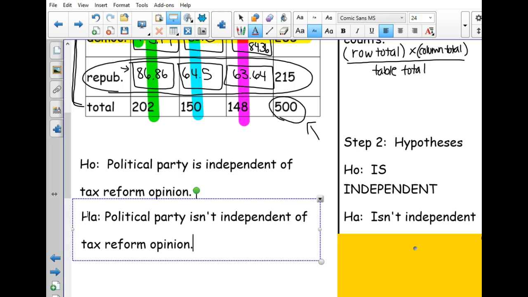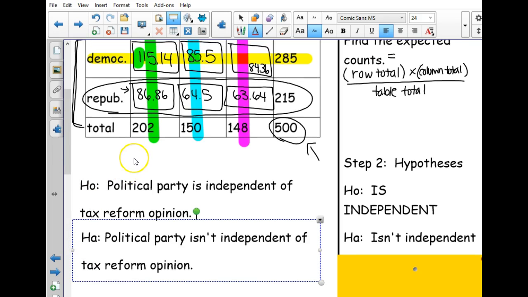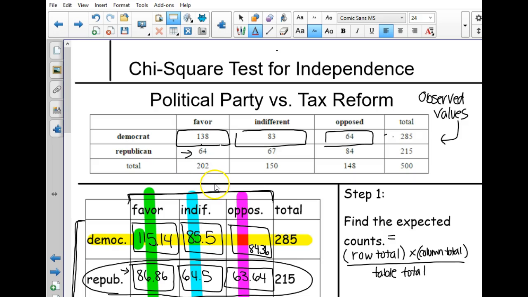What we're trying to prove is that it actually is not independent, that there's a relationship there. And we can see that there may be a relationship already. And how do we know that? Again, by looking at the observed, up here, is different than this grid that we filled out. This grid is what we expect to happen if they're independent, if one has no bearing on the other, no influence on the other.